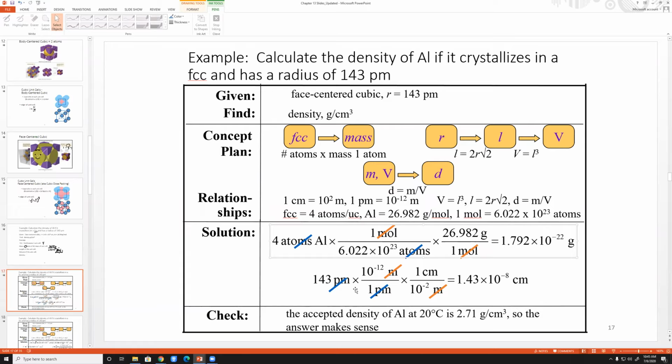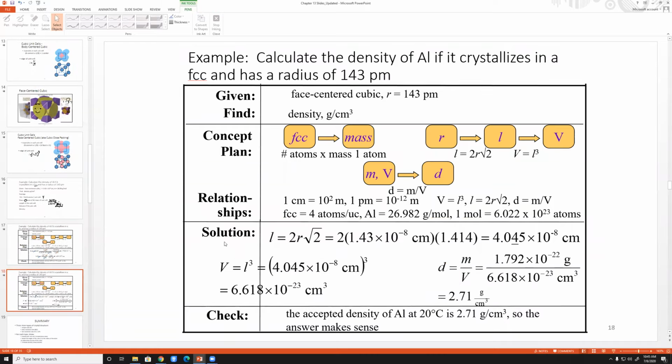Then the length of it is going to be, you take the picometers, the radius, and you convert it to centimeters, and then you use the edge length equation to put that centimeters in there, and you come up with the 2 radius times the square root of 2.